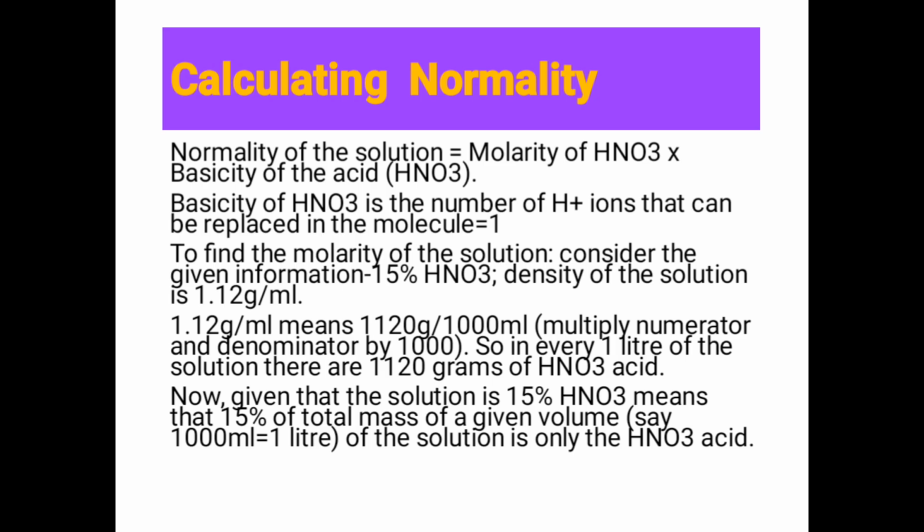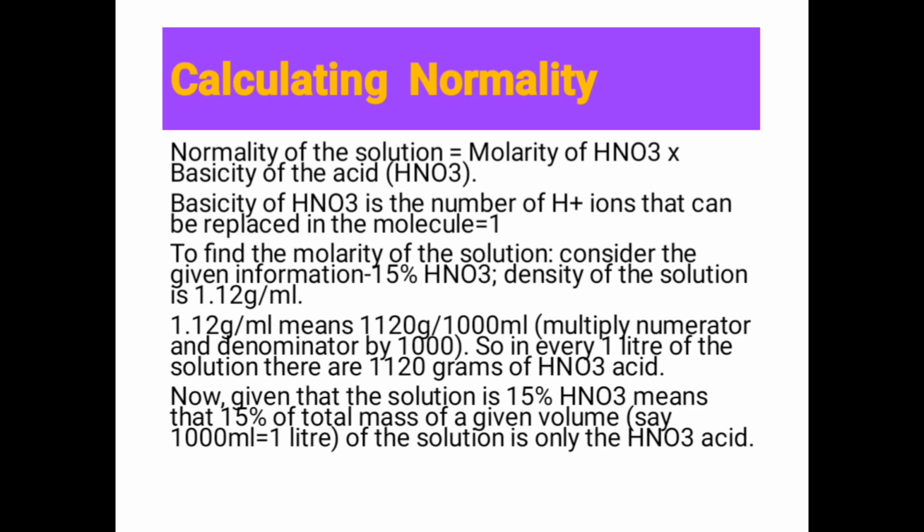So normality can now be said to be equal to molarity times the basicity of the acid. In the same way we look for molarity, molarity is number of moles, amount of substance in mole, over volume in dm cube or in liter.